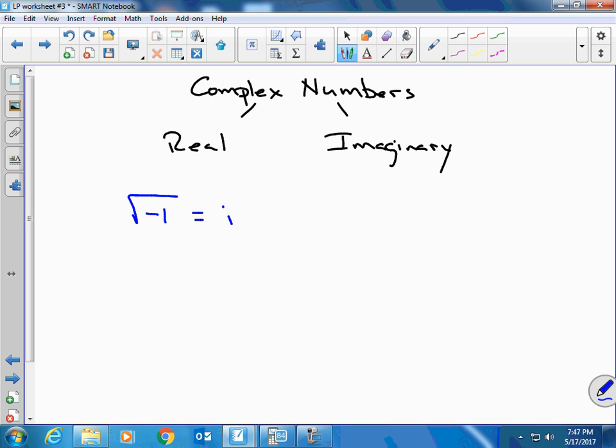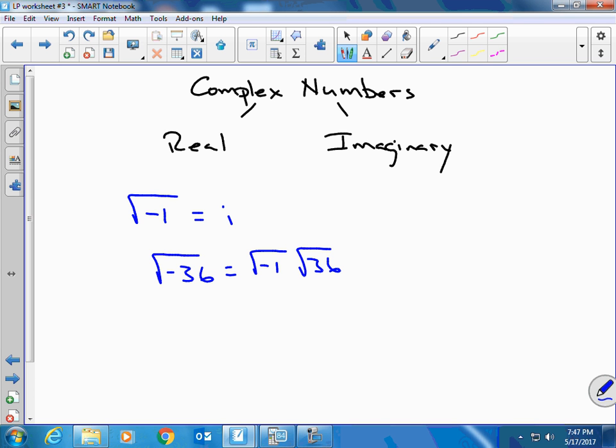That allows me to do things like the square root of negative 36. If you remember, a while back we did a recording on how to simplify radicals, and we noticed that we can separate those into the product of two radicals.